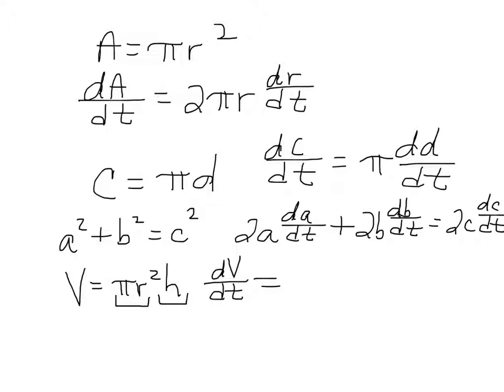So the first would be pi r squared times the derivative of the second, which is 1, because the derivative of h is 1, but we'll need to do dh dt, plus the second times the derivative of the first, which would be 2 pi r, and we just took the derivative of r, so we'll need dr dt. So we found the derivative of the product on the right-hand side using, again, the implicit differentiation with respect to time, everything over dt.